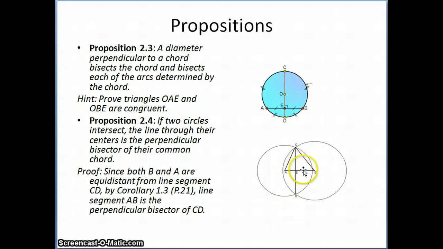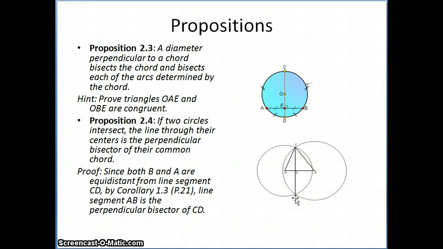From the picture we can see it looks like they are perpendicular to each other. And also notice AE apparently is not congruent to EB, but from the picture it looks like CE is congruent to ED. So we may conjecture that actually it is correct that AB is a perpendicular bisector of CD.